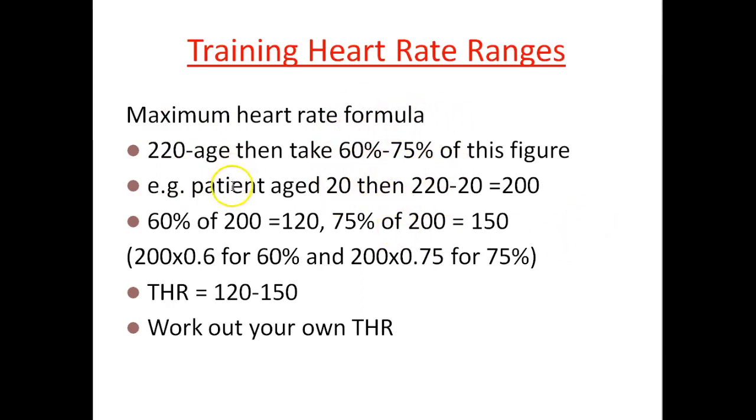So if you're 20 years old, 220 minus 20 is 200. 60% of 200 is 120. 75% of 200 is going to be 150. So we want to be working between 120 and 150 to get our training effect. No higher than 150, but no lower than 120.